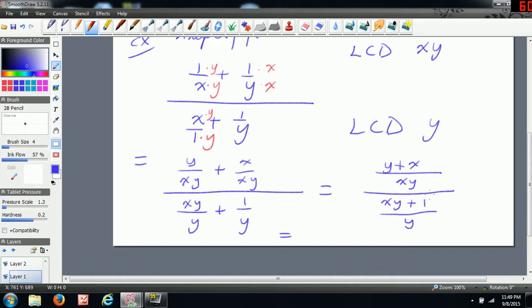Here we can write this as y plus x over xy times... Actually we're running out of space, so what I'm going to do here is just erase this to make some space for the rest of our answer.